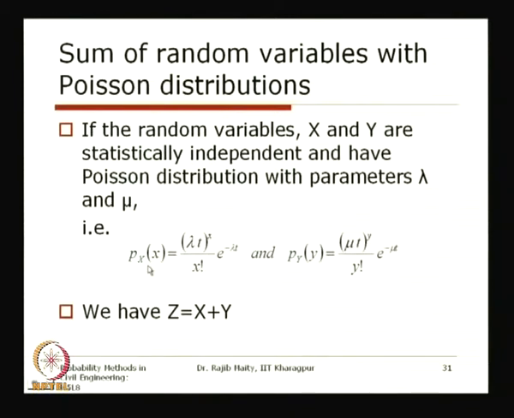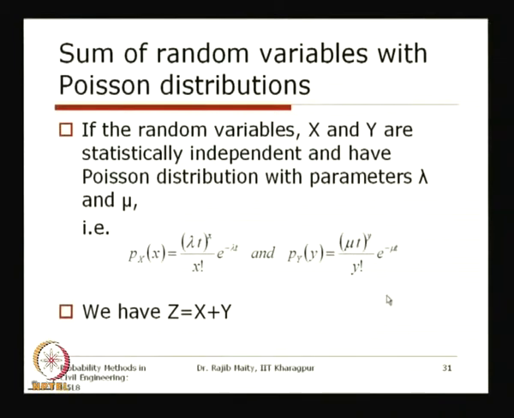then you know that a Poisson distribution is a discrete distribution, and P_X of x equals (lambda t) to the power x by x factorial, e to the power minus lambda t, and P_Y of y equals (mu t) to the power y by y factorial, e to the power minus mu t.